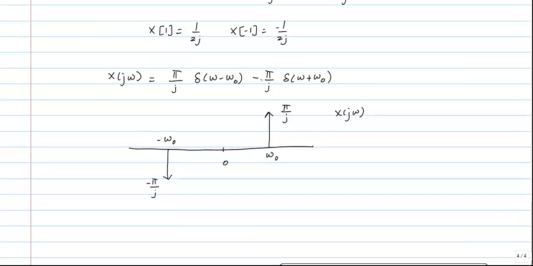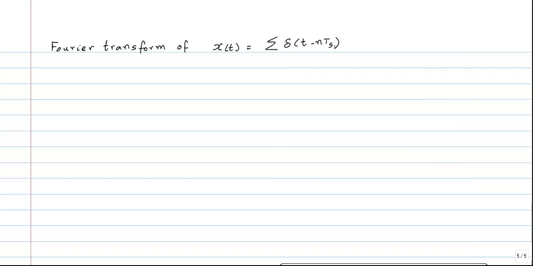Okay. Now the last example I want to show is an example that we use often when dealing with things like sampling, which is to derive the Fourier transform of a train of impulses.